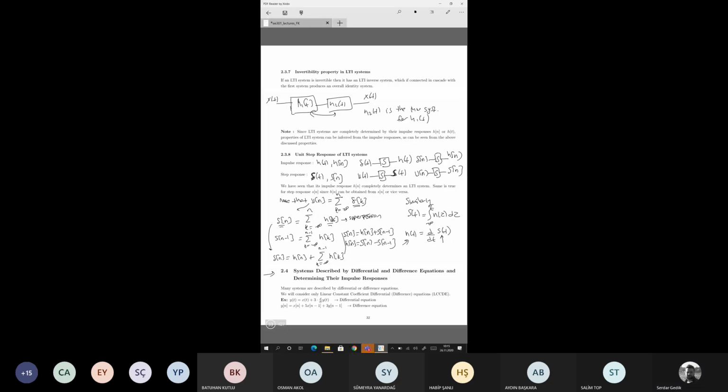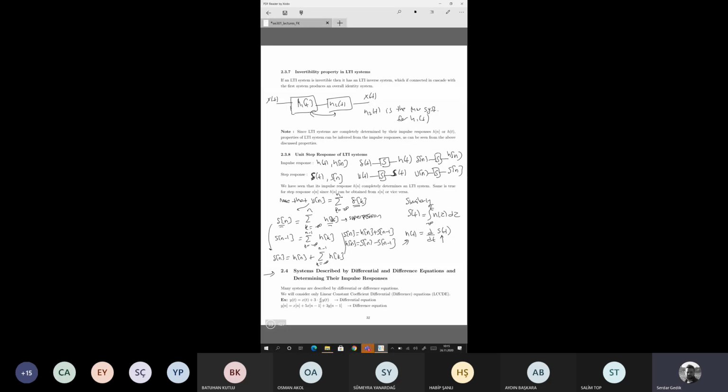So we will be concentrating on linear and constant coefficient differential or difference equations. So apart from solving general difference or differential equations, we will be considering linear and constant coefficient differential or difference equations.